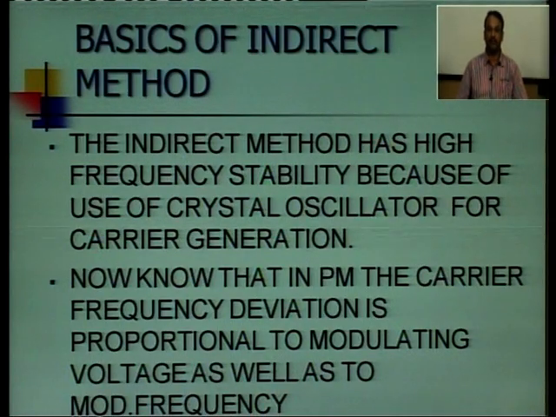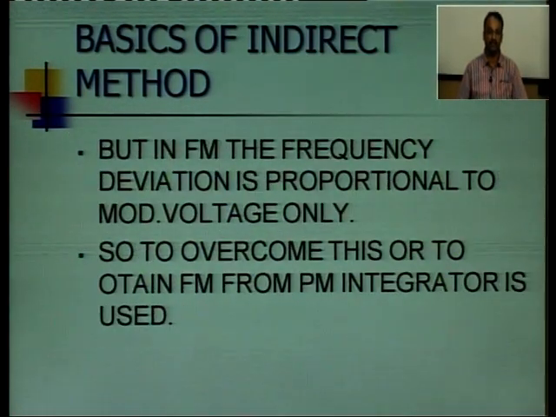Now, in FM, the carrier frequency deviation is proportional to modulating voltage as well as modulating frequency. So, in phase modulation, frequency deviation is proportional to modulating voltage Vm as well as modulating frequency Fm, but in FM the frequency deviation is proportional to only Vm, the modulating voltage.